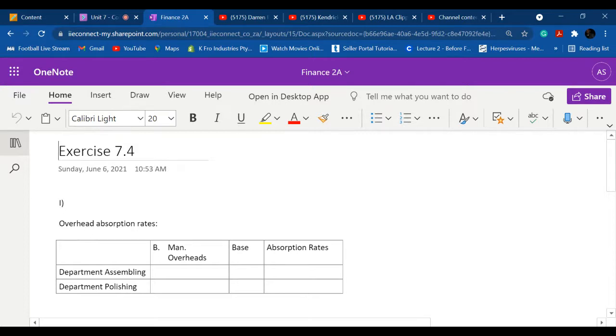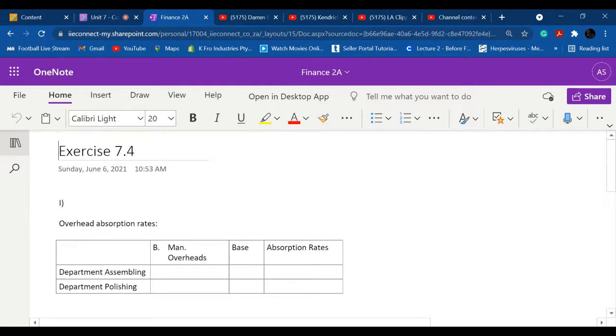Then it goes on to say, the budgeted figures in respect of manufacturing overheads for 2009 are as follows. Okay, budgeted figures. So for department assembling, our manufacturing overheads are 54,000. Okay, so it's now specific to department.